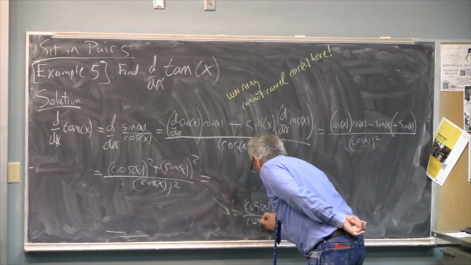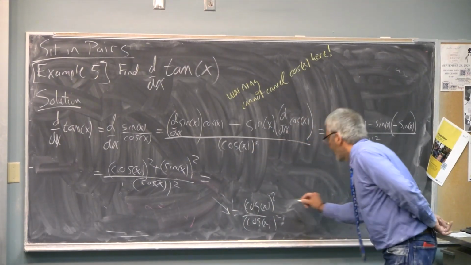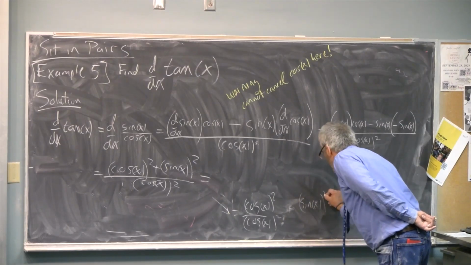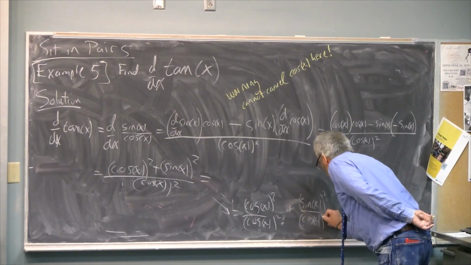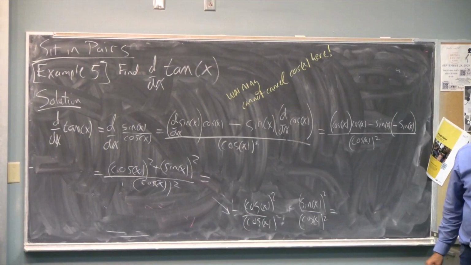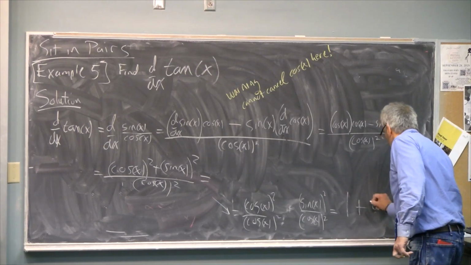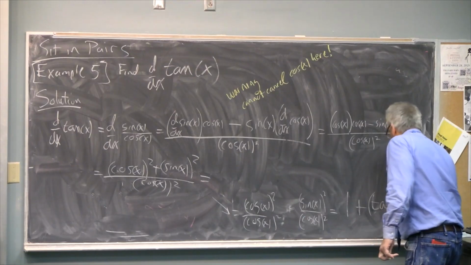Break this into 2. That equals 1 plus tangent squared. That's just 1, and this is tangent of x squared.